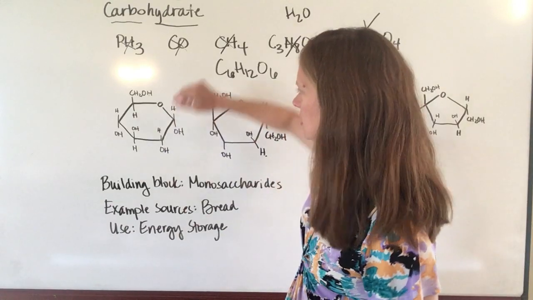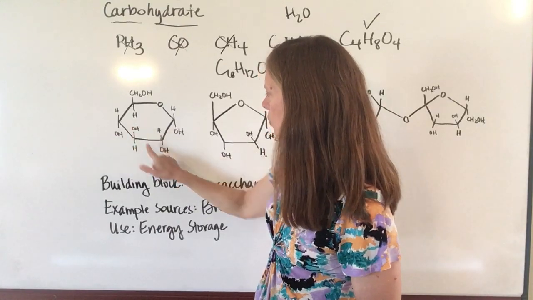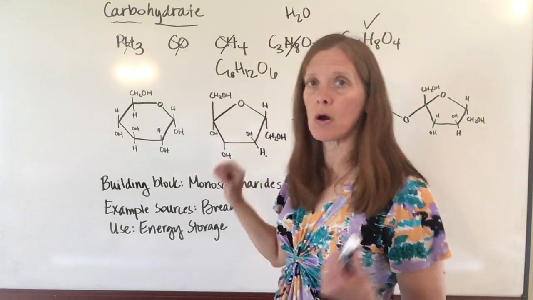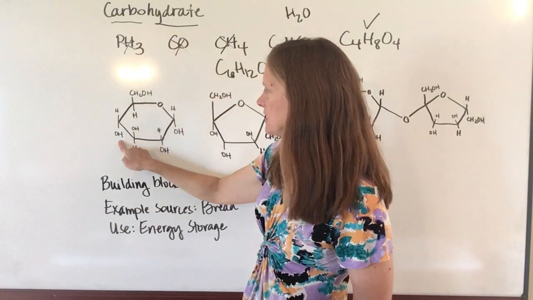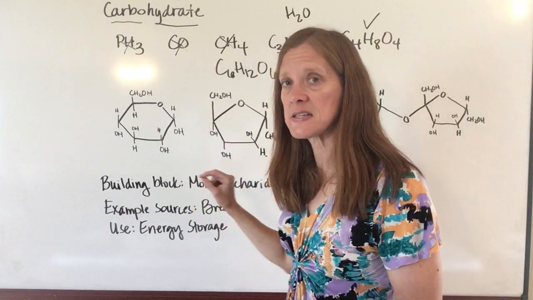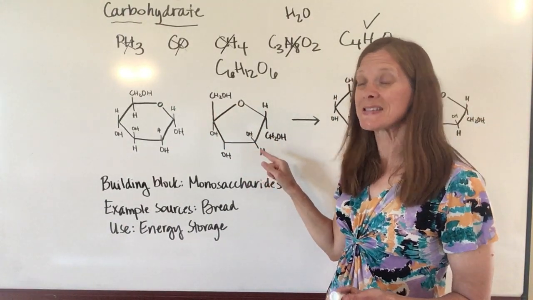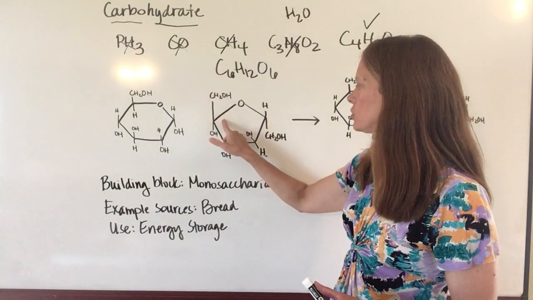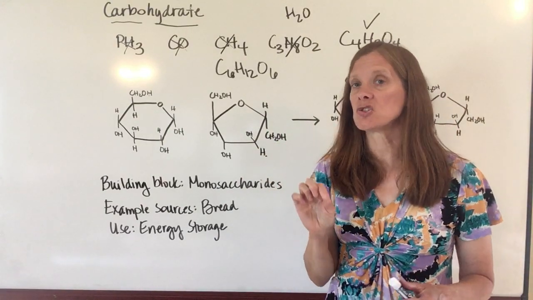The oxygens: there's 1, 2, 3, 4, 5, 6. So there are your 6 oxygens, and then there are 12 hydrogens: 1, 2, 3, 4, 5, 6, 7, 8, 9, 10, 11, 12. C6H12O6. This is also C6H12O6, and I could count all those as well: 6 carbons, and you can count the oxygens and hydrogens.